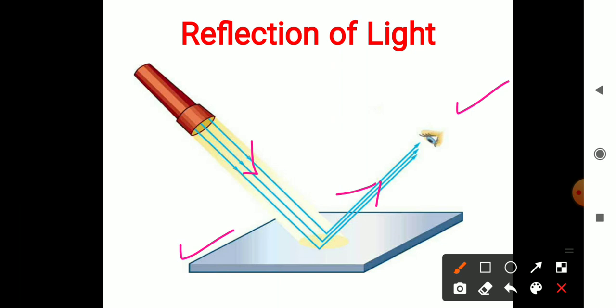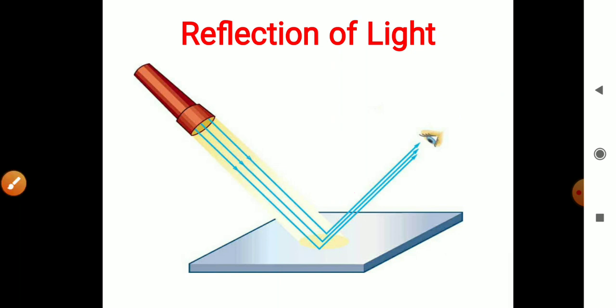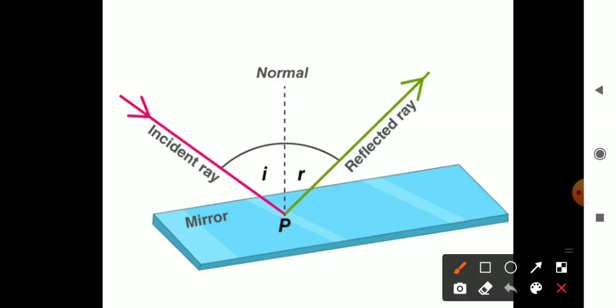Now the next thing is, this is an incident ray. Incident ray means that ray of light which is emitted from the source of light, coming from the luminous object. Incident ray means which is incident on the reflecting surface.